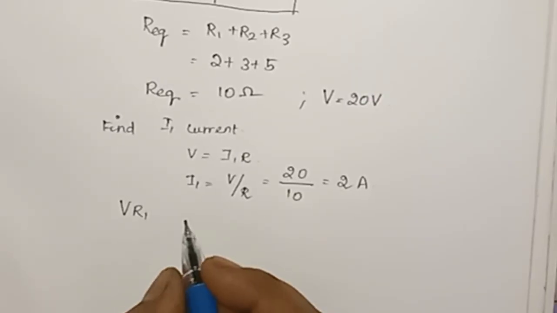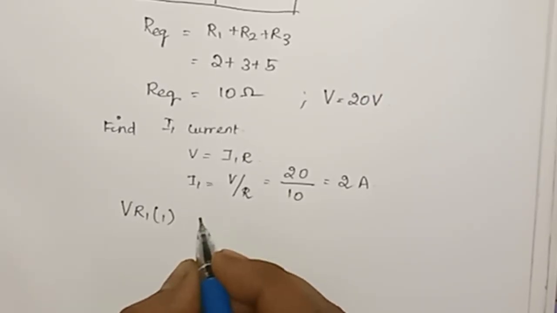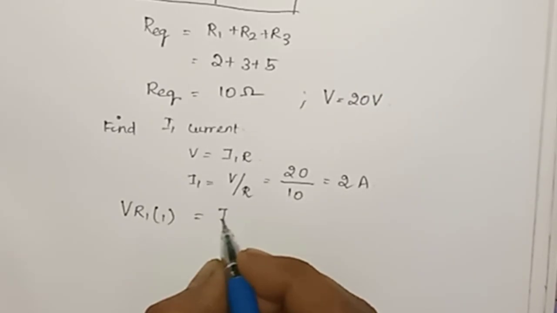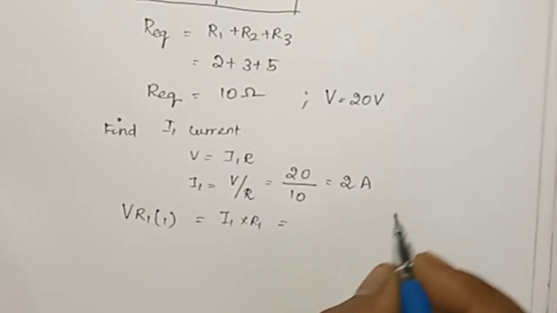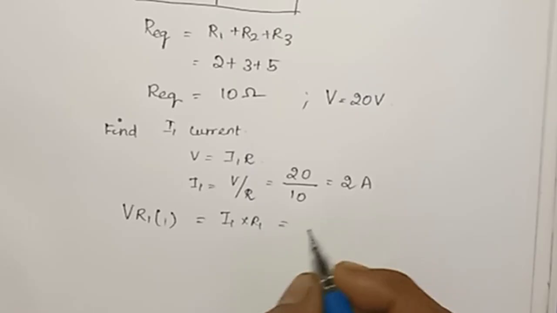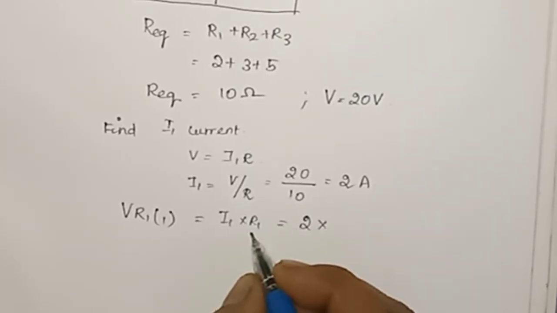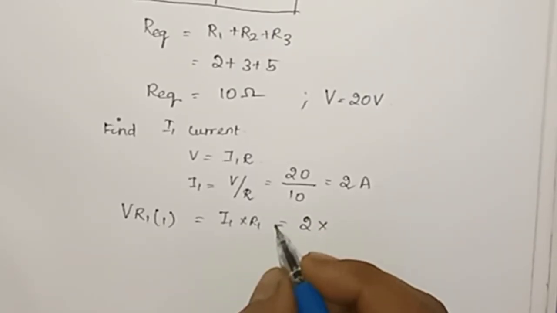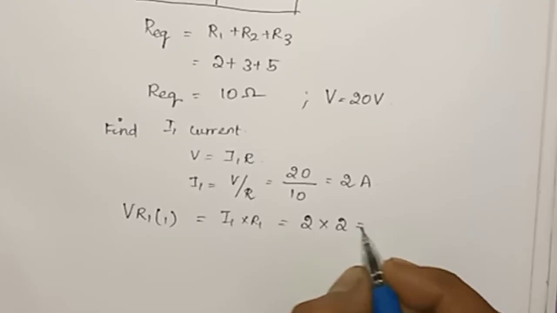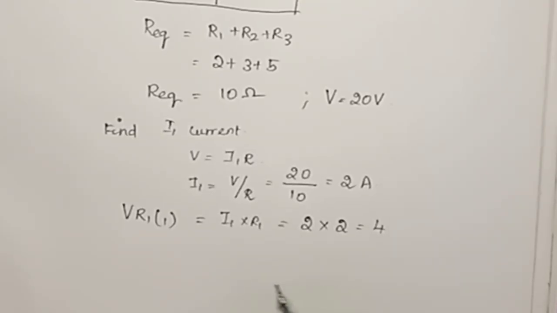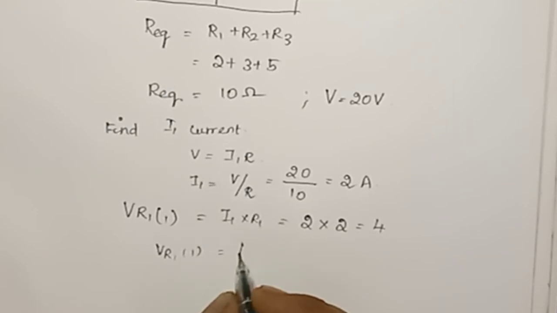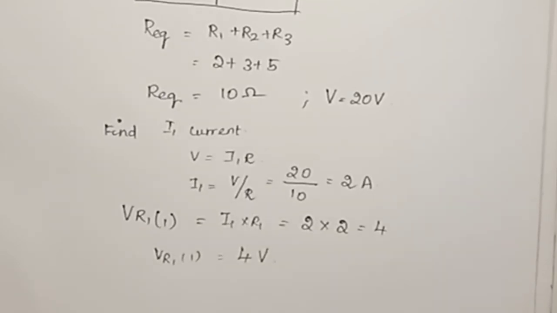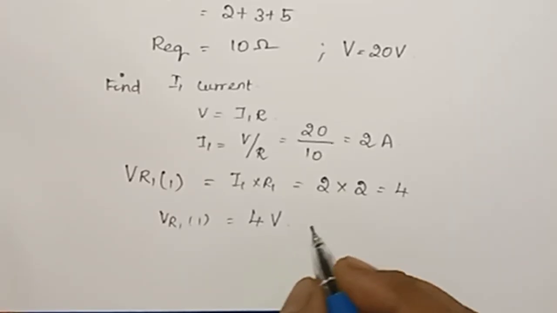Next, VR1 is equal to I1 into R1. R1 is 2 ohms and I1 is equal to 2 amps. So 2 into 2 equal to 4. Here the voltage drop in the 2 ohm resistor due to the voltage source is 4 volt.